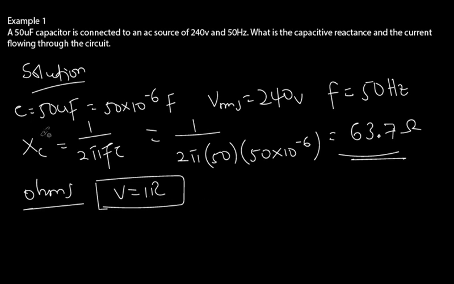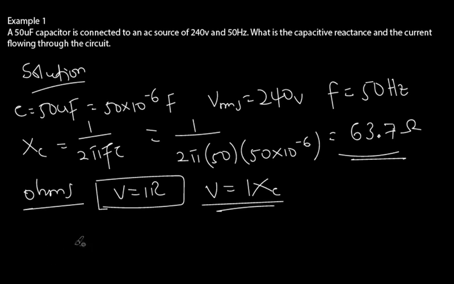Because this is a capacitive circuit, our voltage will be equal to the current multiplied by the capacitive reactance, XC. This is the modified version of Ohm's law that I was talking about.